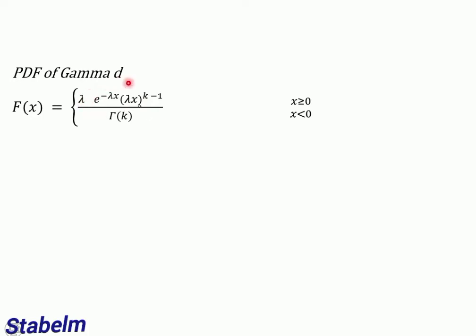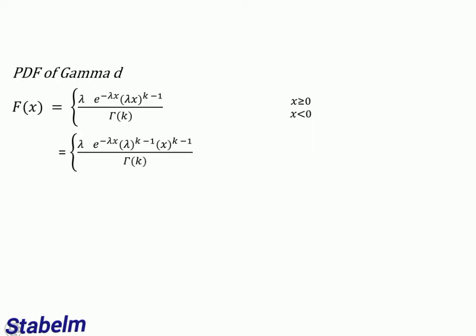So now this is the distribution given to us in that question, and this is what we are going to work with. But before we start working with this, there is a way whereby we can simplify it further. Doing that, we have lambda exponential raised to power minus lambda x into brackets lambda raised to power k minus 1 x raised to power k minus 1 divided by k.